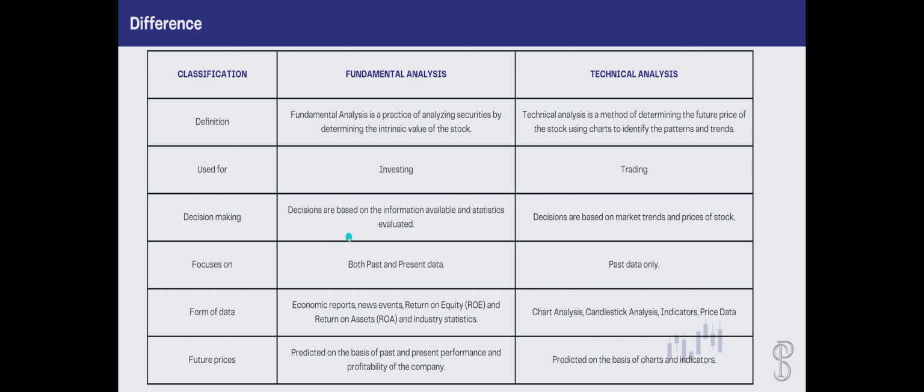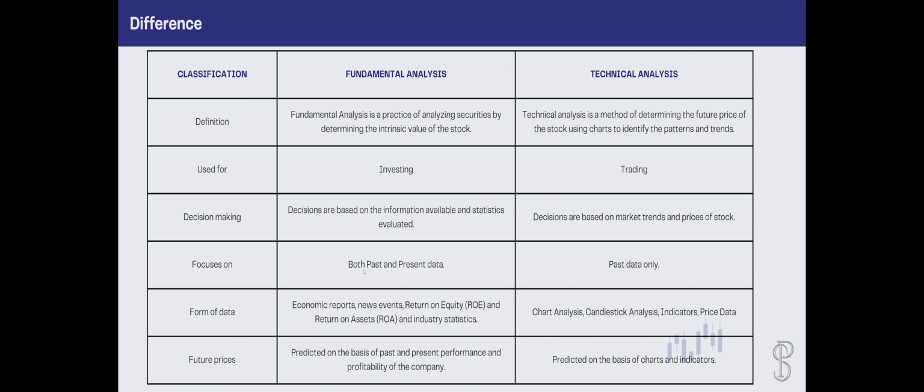Now, for decision making: at what price do you buy a stock? At what price do you sell a stock? A fundamental analyst would rely heavily on statistics and information about the particular stock. A technical analyst would depend more on market trends and the price of the stock to make his decisions.